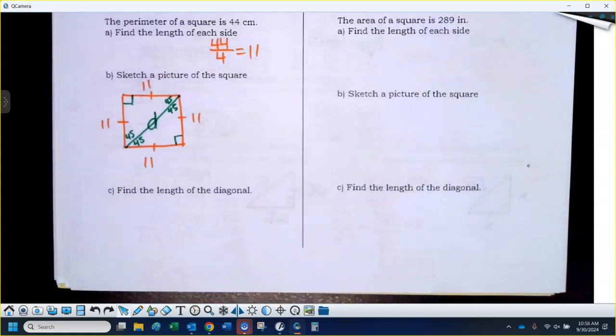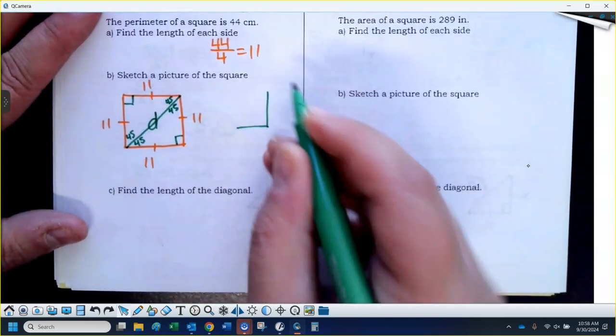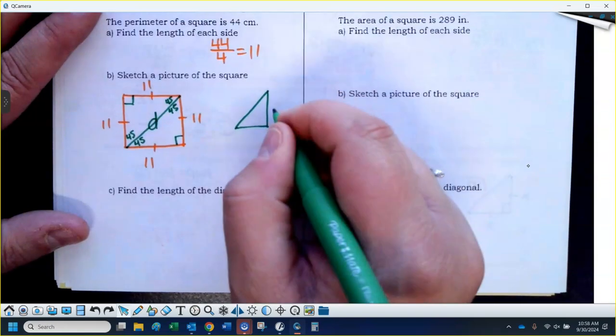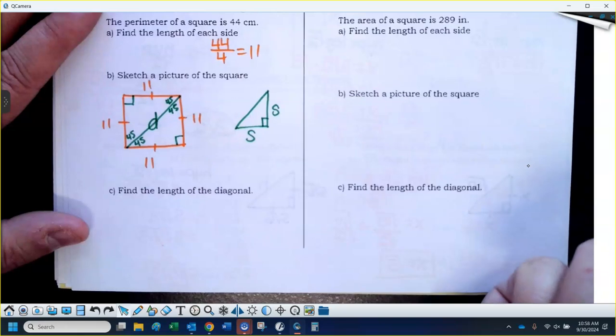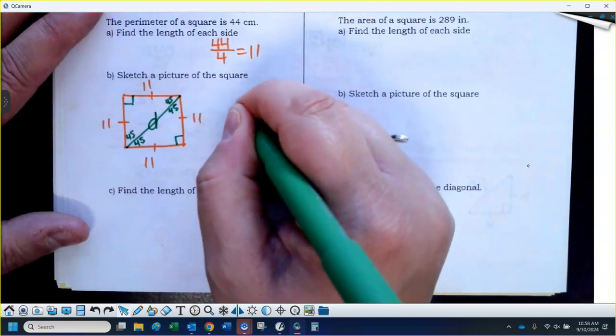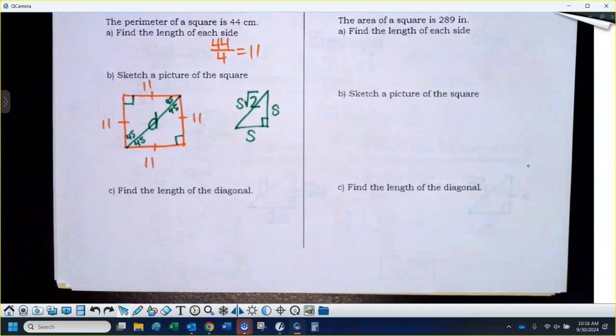Can anybody tell me the length of that diagonal? So I'm just going to draw one of these triangles separate real quick. You have your leg is your side, your other leg is the same side, and your hypotenuse is that side times the square root of 2.